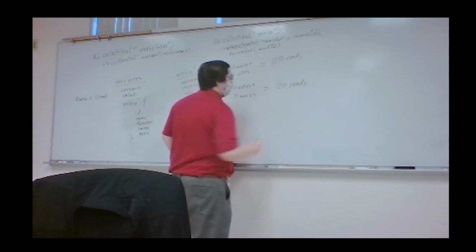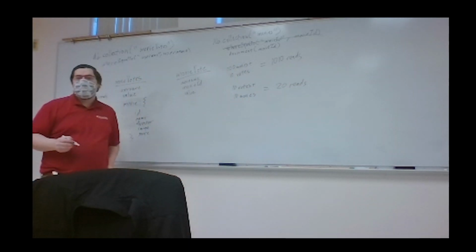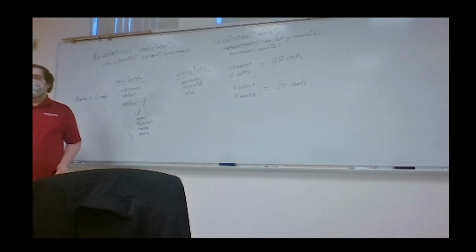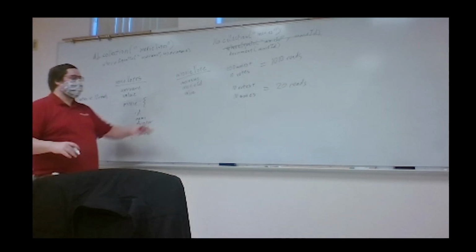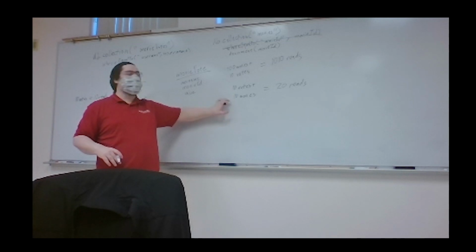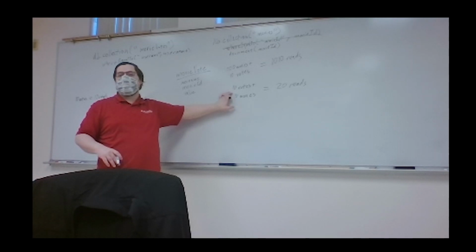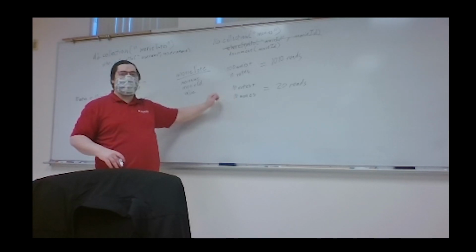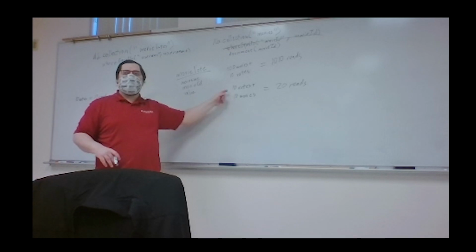And so I have 20 reads. Does that make sense? But this does have to be sequential. I can't ask for the movies until I know what your votes are, right? The movies that I ask for depend on what your votes are. And so that also means if your votes change, I have to go run this again, right?